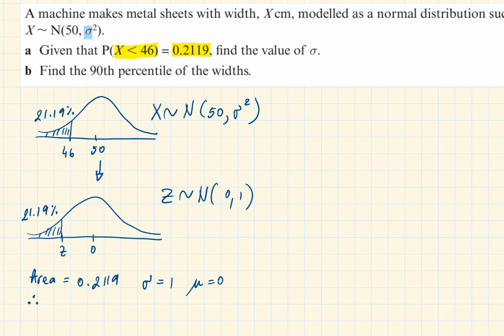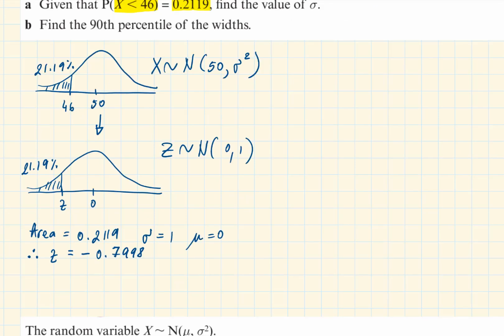If we type this in, we will have the z value, so that is minus 0.7998. We plug it into our formula to have minus 0.7998 is equal to 46 minus 50 over the unknown standard deviation. We rearrange this to get the standard deviation 5.00 to 3 significant figures.